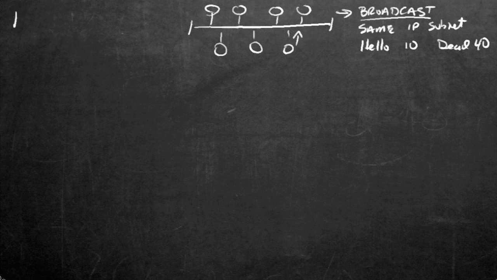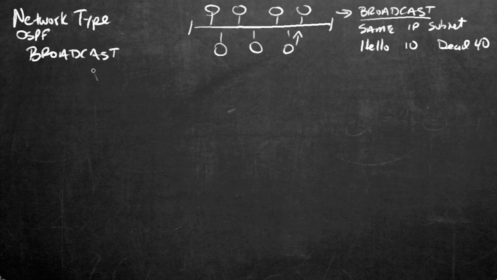So over here on the far left, to keep it nice and simple, I'm going to put network type OSPF, and then I'll put here broadcast. Just like that. All right. And then I also am going to put here dynamic neighbors.